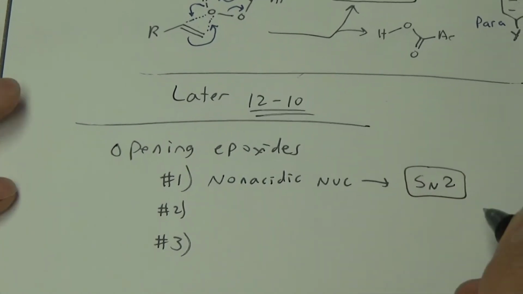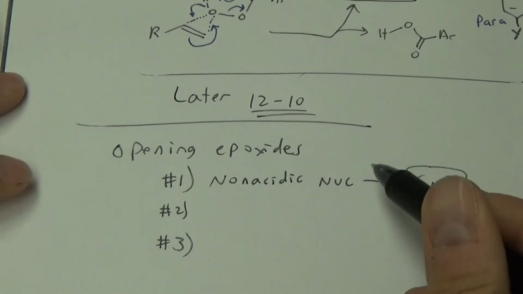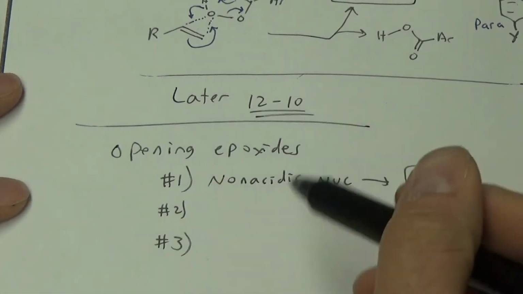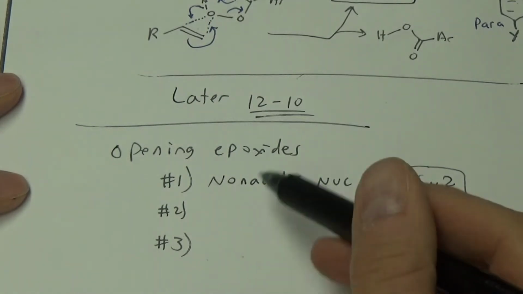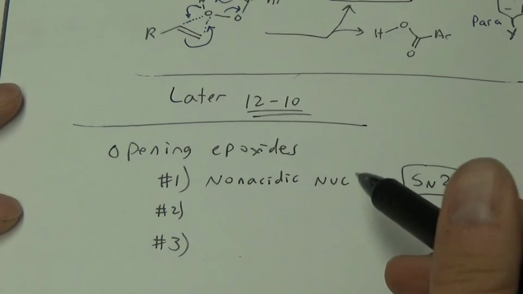If you're making index cards, when we fill this all out, this might be a good index card, as well as the whole ether cleavage concept, because we did that, and that was like three different examples of ether cleavage. This is a little analogous to that.